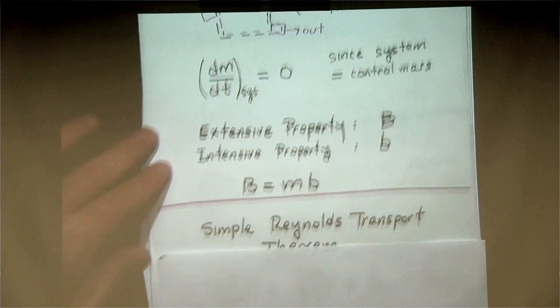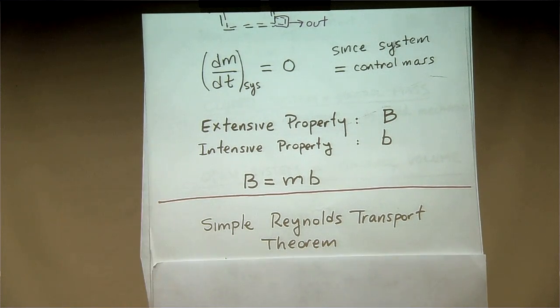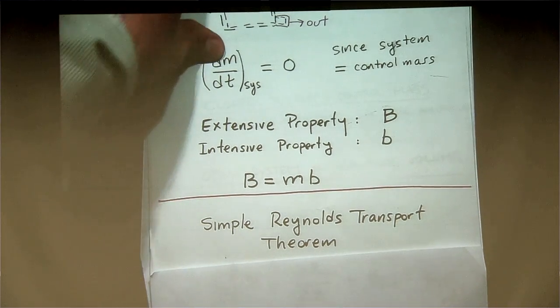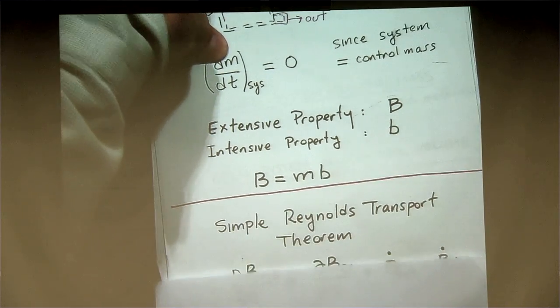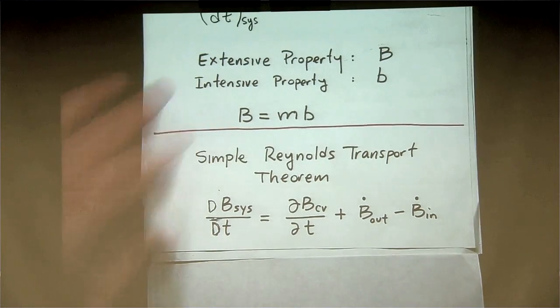So what we want to do is discuss something that we call the Reynolds transport theorem. I'm going to start by showing you a simple Reynolds transport theorem, and then we're going to build up and make it a little bit more complicated. So here it is.